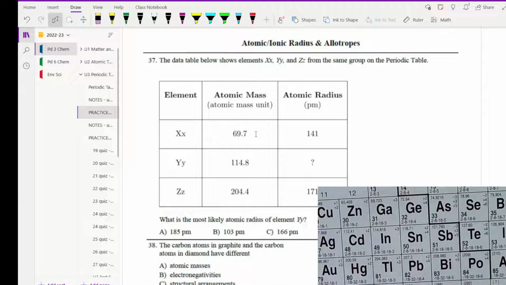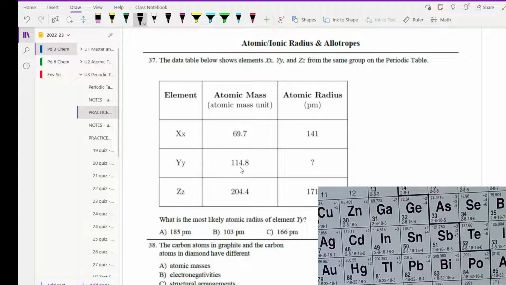All right, the data table below shows elements X, Y, and Z with some special notations there. What is the most likely atomic radius of element Y? Okay, well, let's see, atomic radius. Atomic mass units.